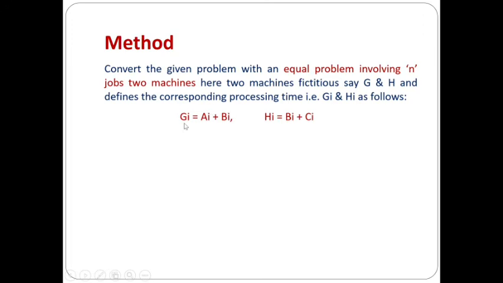That will be machine G. That is, the first machine plus all the middle machines' processing times gives the processing time of G. In the same way, to get the processing time of H, we add all the middle machines' processing times with the last machine's processing time, leaving out only the first machine. We convert the m machine problem into a 2 machine problem, and then we can proceed as before, right?